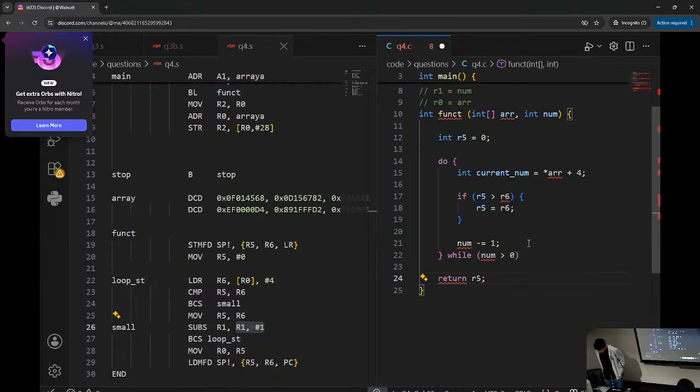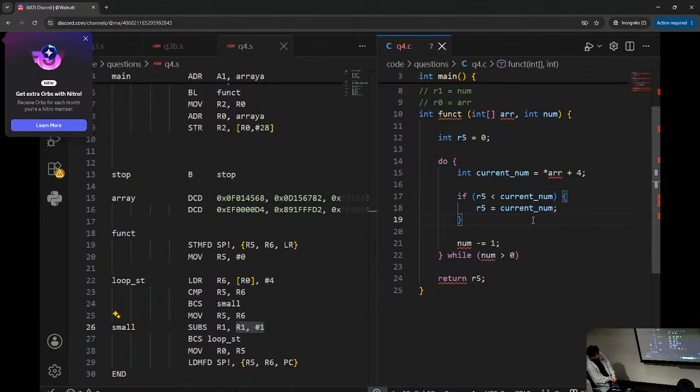Now looking at this, it's a bit clearer that it's written this way. If you look at this function, we're looping over the array. If R5 is, sorry, no, it is the wrong way around. Sorry.